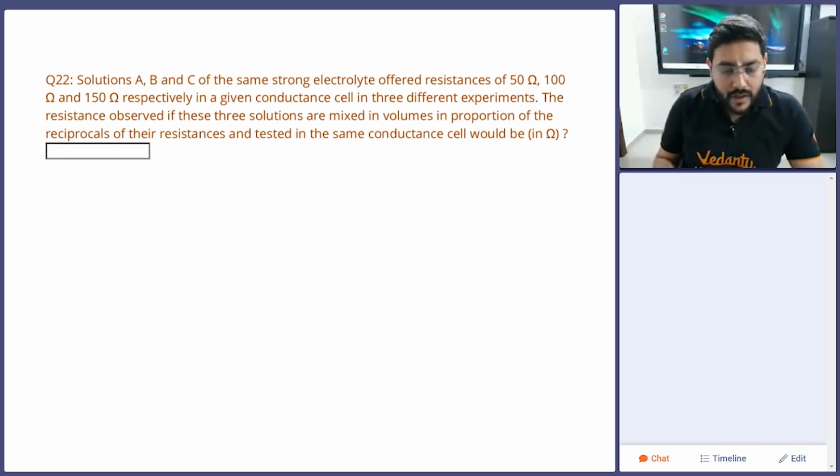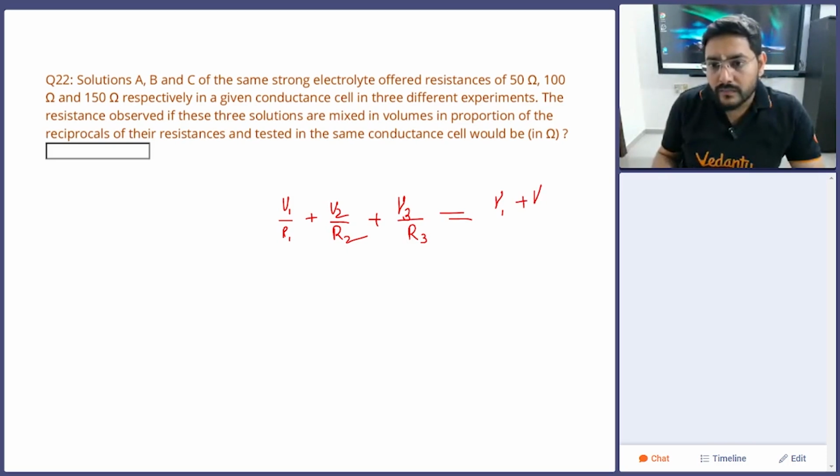So can I say that V1 upon R1 plus V2 upon R2 plus V3 upon R3 is equal to V total upon R required?